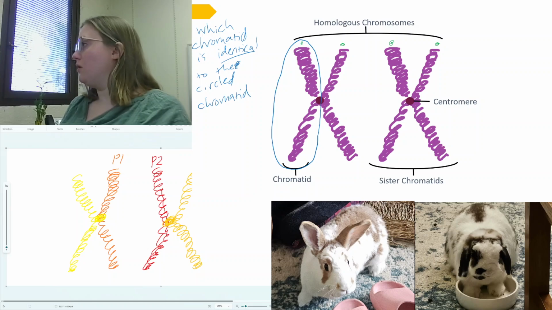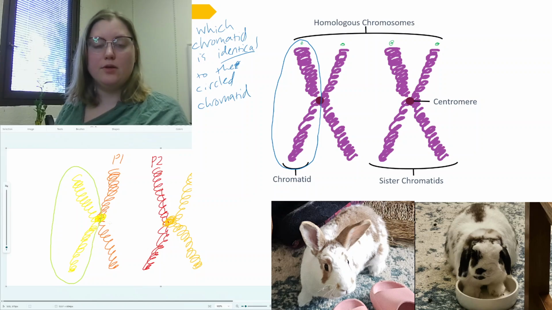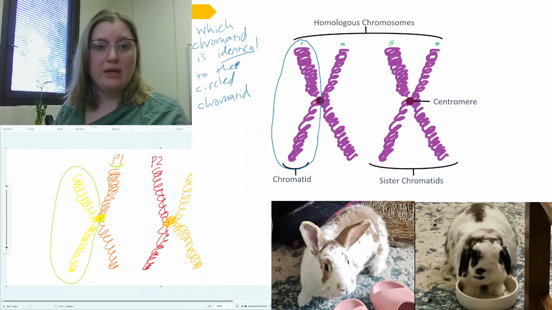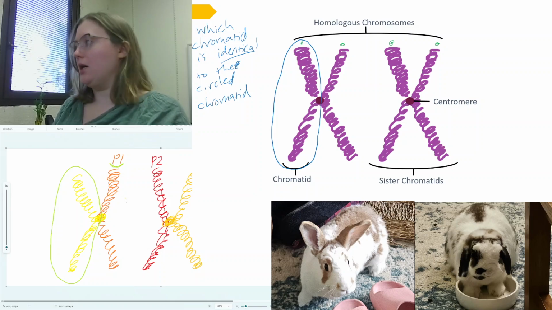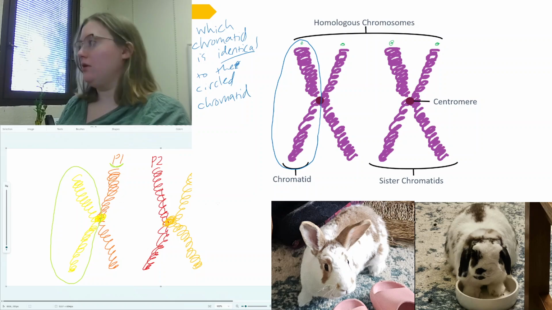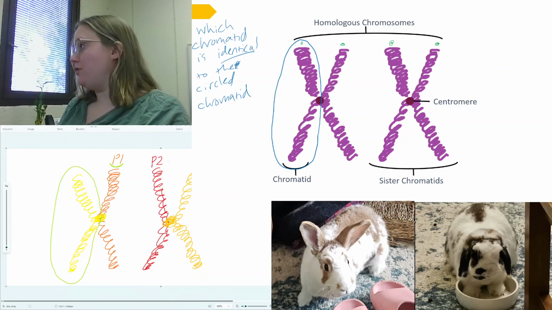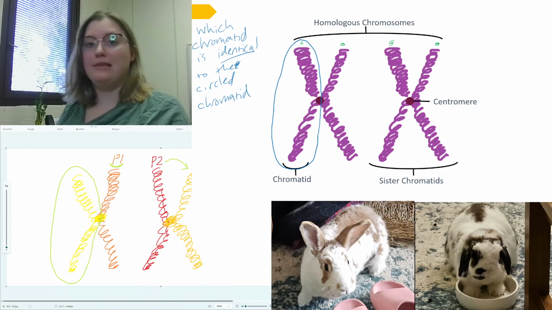Okay, so I circled this chromatid right here, the yellow one. So we just said that the yellow chromatid is an exact copy of P1, right? So we would indicate P1 in our question. Now, P2 has an exact copy, but P2's exact copy is this chromatid on the right, okay?